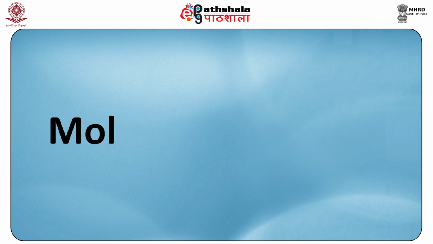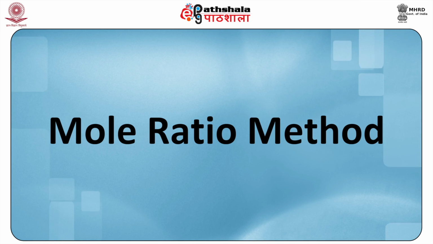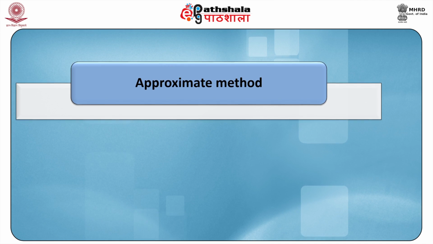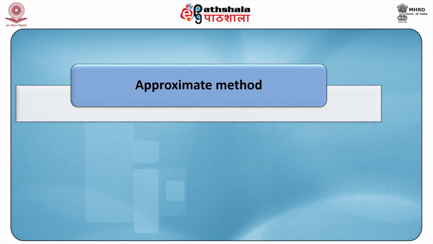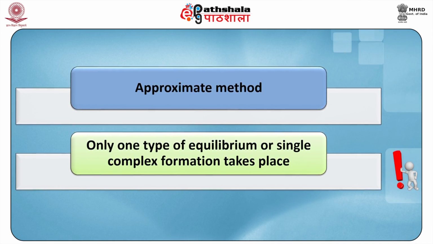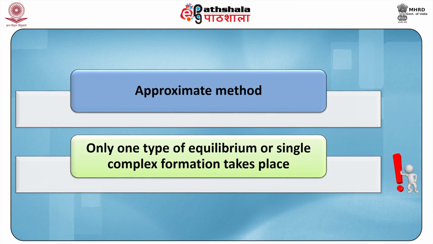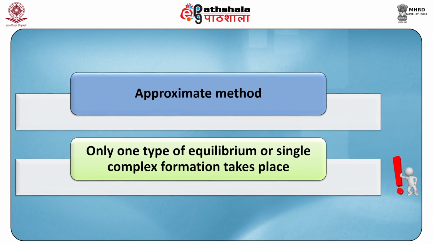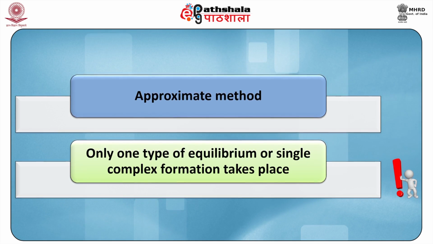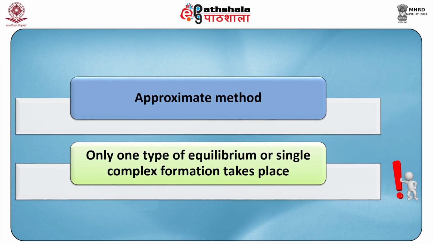Let us now study the mole ratio method. This is an approximate method and it can be applied to only those systems in which only one type of equilibrium or single complex formation takes place.